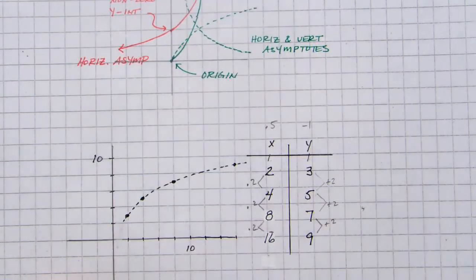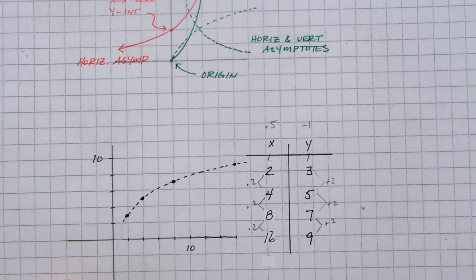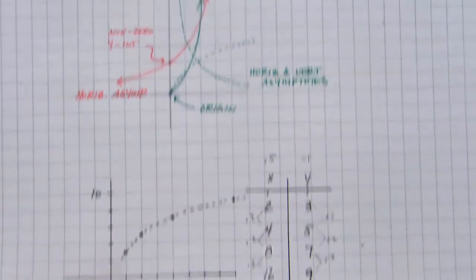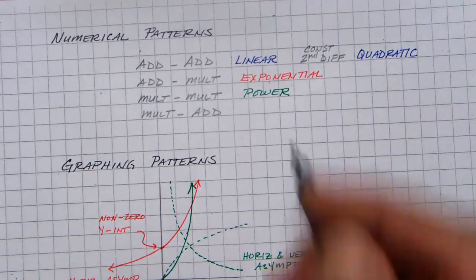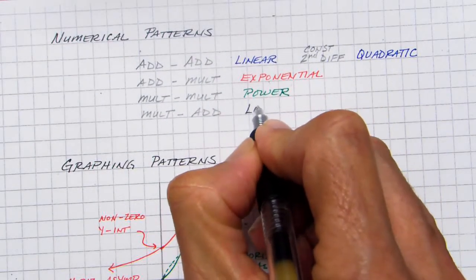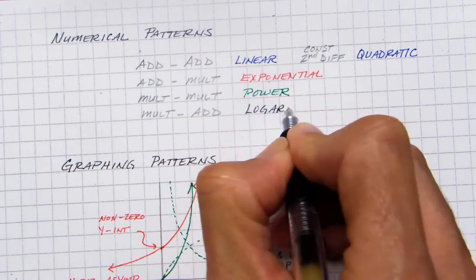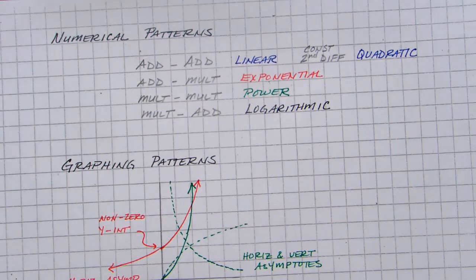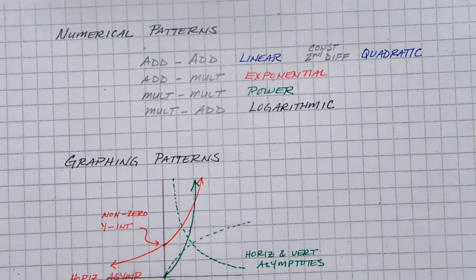So what could it be? Well, it's going to be the fourth of the big 4 functions we're looking at in this unit. The multiply add is what we call a logarithmic function. A logarithmic pattern is the multiply add.